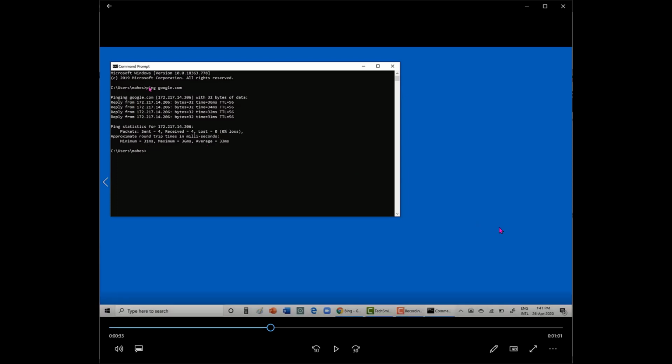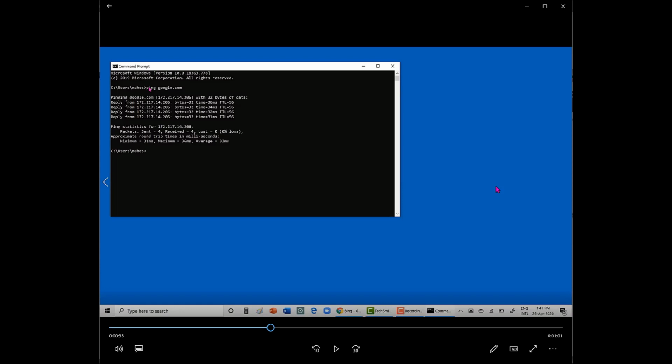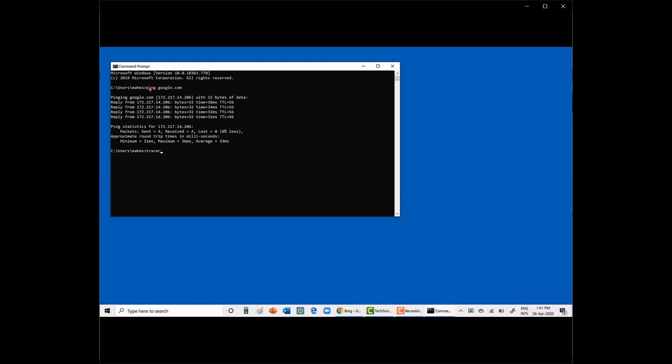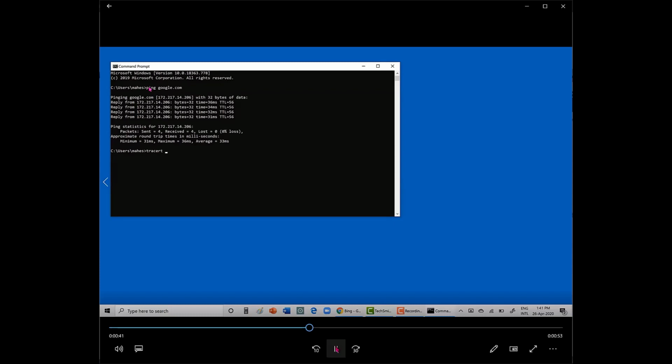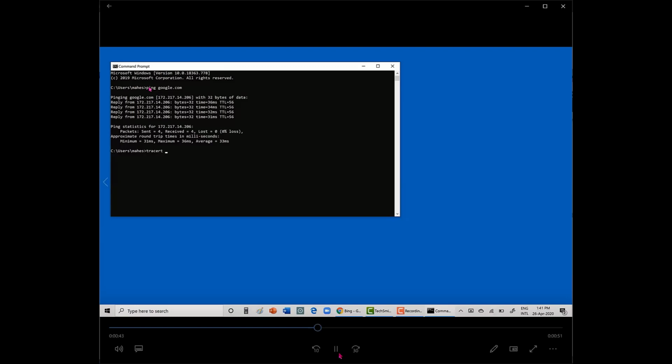But then there was one more command, the trace route command, and we will use that command also. Trace, TRACERT, and this is the trace route command. And in the trace route command, what is happening? I'm just going very slow here. I have to type which website we want to trace.